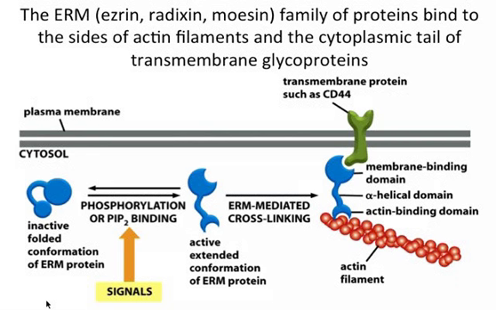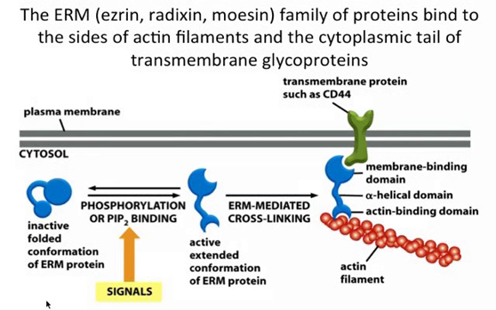These ERM proteins will actually cross-link actin to the receptor. So what do you think this might do? When I tell you receptors are being bound to actin, what do you think the end result on the cell is going to be?